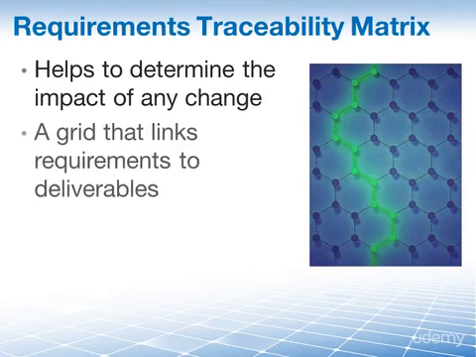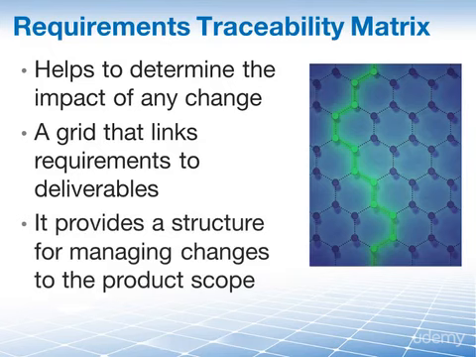Then the traceability matrix is a grid that visually links requirements to deliverables, and as such it provides a structure for managing changes to the product scope. And that's what we're doing here. We're managing, controlling changes, and this structure will help us with that.